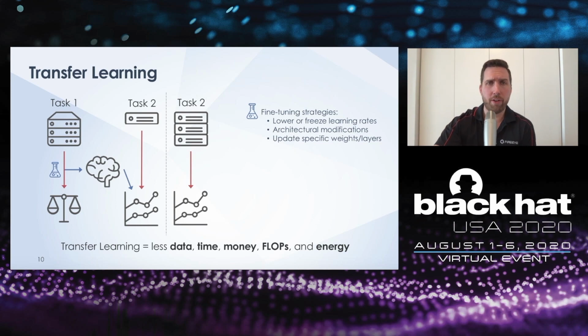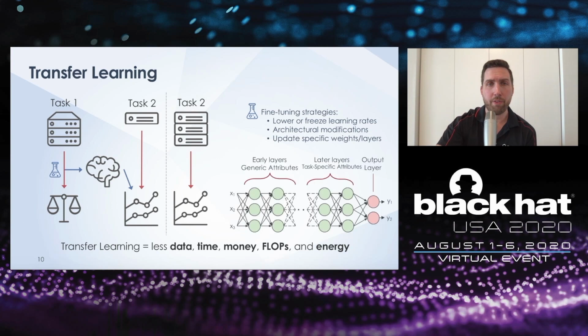By lowering or freezing learning rates, by making architectural modifications to the network, or by only allowing updates in specific weights or layers. Transfer learning works because early layers produce features that capture general attributes of the training dataset, whereas later layers capture properties of the task it's being trained on. As such, a common fine-tuning approach simply involves freezing the early layers from the pre-trained model and retraining just the last layer using a small dataset for a new task.